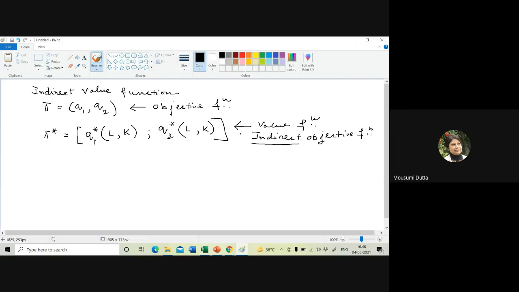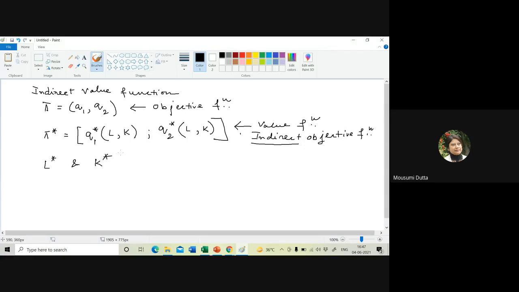The alternative approach may be starting from an optimum, pi star, and then finding the input demand function, that is, L star and K star.